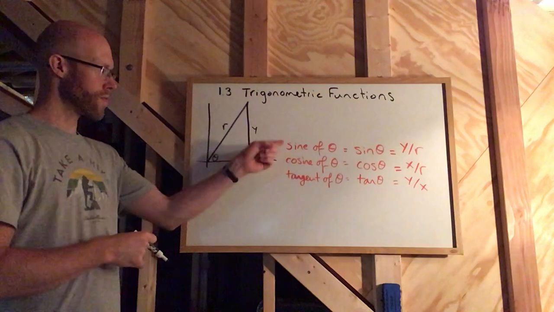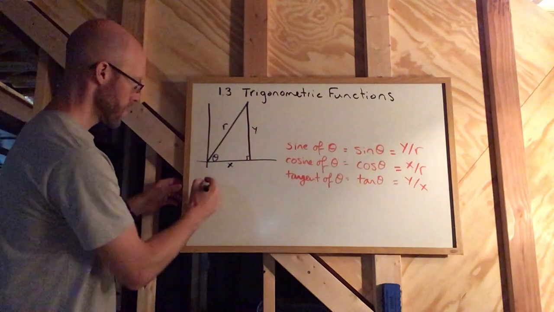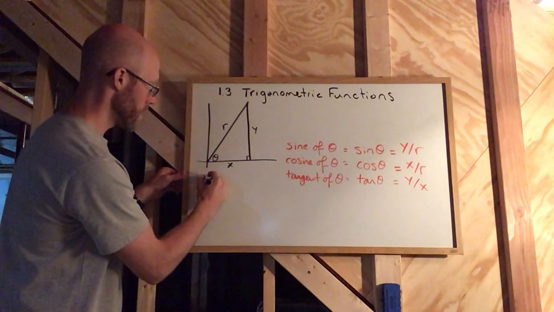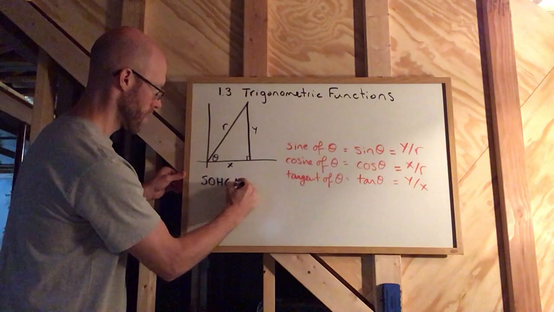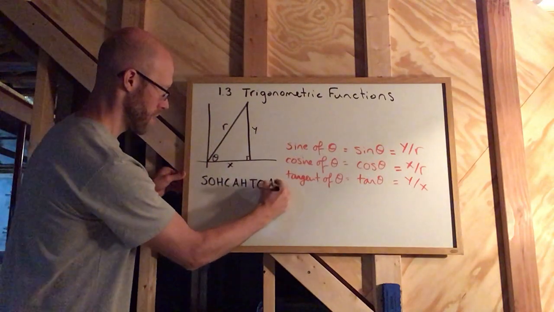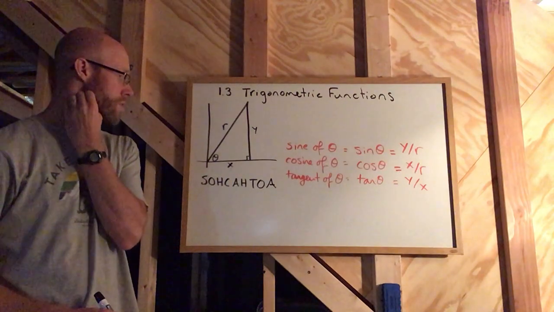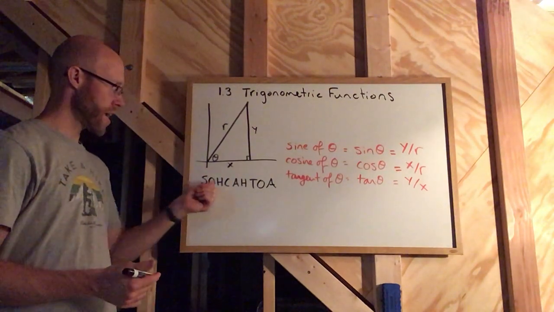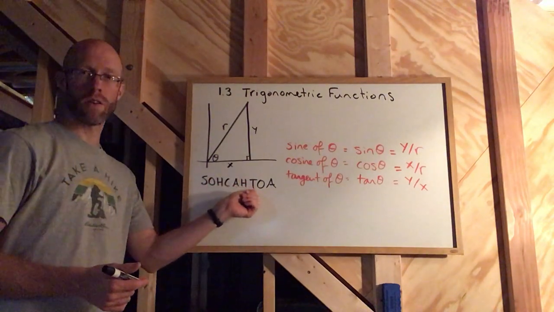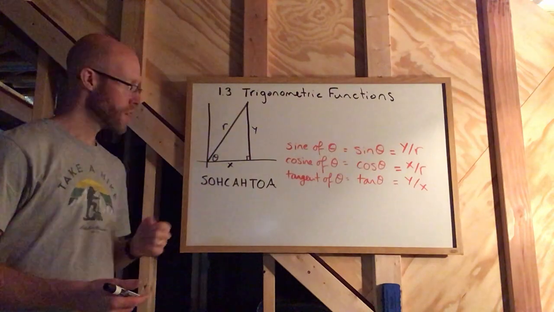You can always think of these using an abbreviation. It's called SOHCAHTOA. If you remember that, SOHCAHTOA is an abbreviation for these sides. You've got sine, cosine, and tangent all in the abbreviation. So S, there's the C and the T.